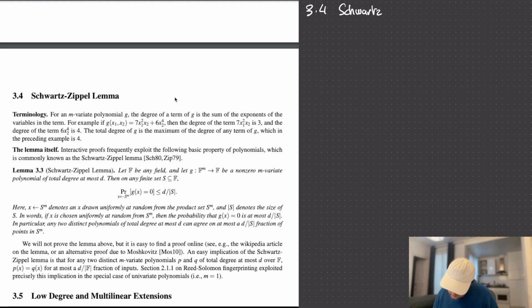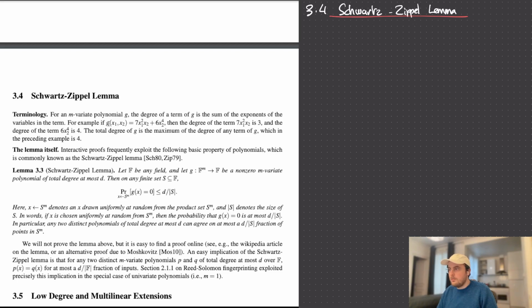Schwartz-Zippel lemma. Okay, let's do this. Terminology. For an m-variate polynomial g, the degree of a term of g is the sum of the exponents of the variables in the term.